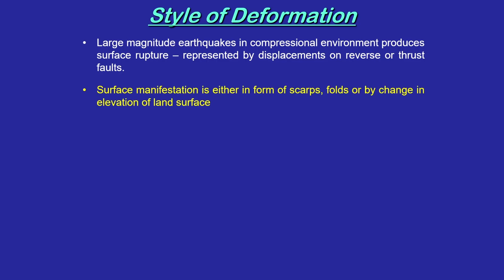Now, surface manifestation is either in the form of a scarp. Scarp basically will be something like this. So, these are your fault scarps. This is after the erosion has occurred. So, this will be your fault scarp here, and then this line will be your fault line.